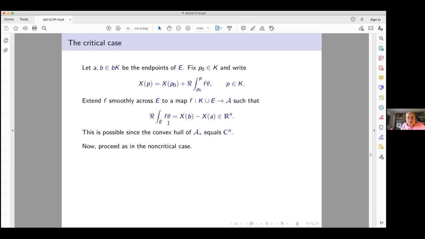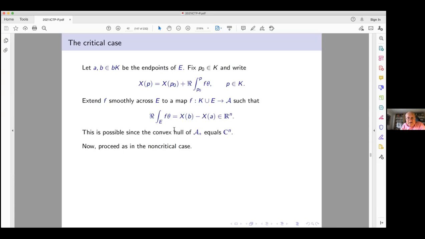But I can actually approximate it by a conformal minimal immersion on a neighborhood of K union this arc. That's the first step. And after that, I can apply the non-critical case. Why? Well, because K union E now has the same topology as L. L is just a thickening, okay? So in other words, the non-critical case applies.